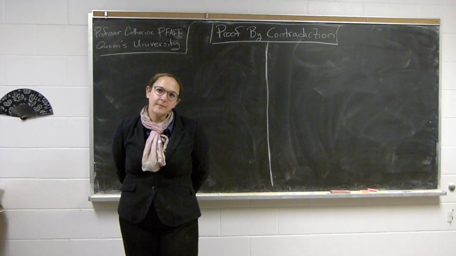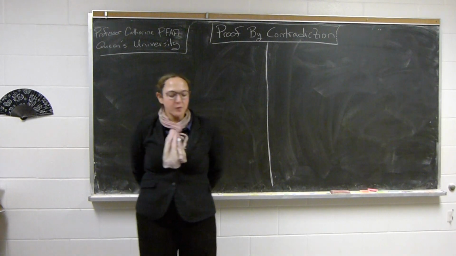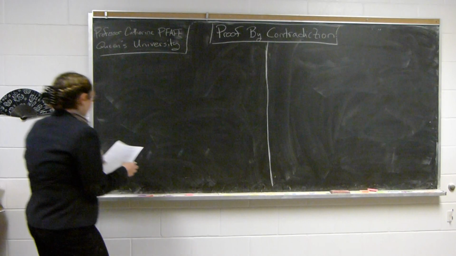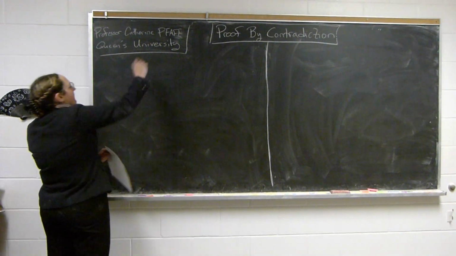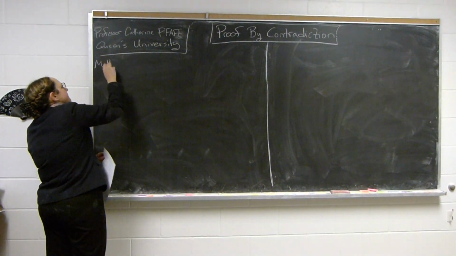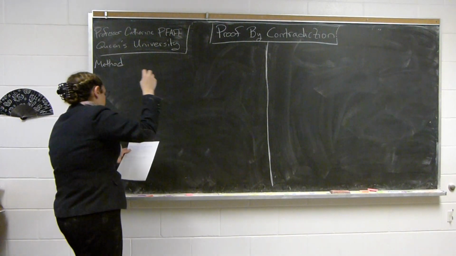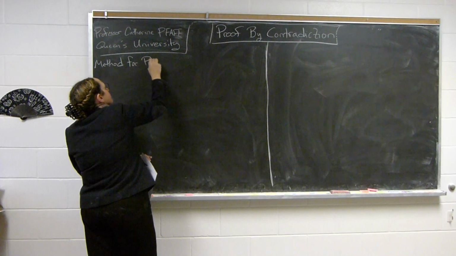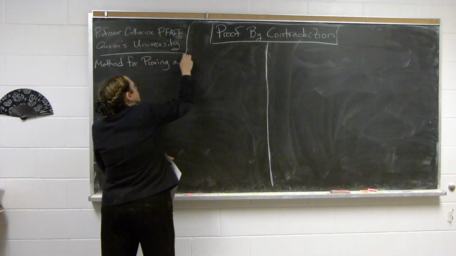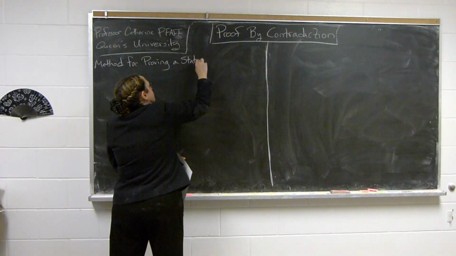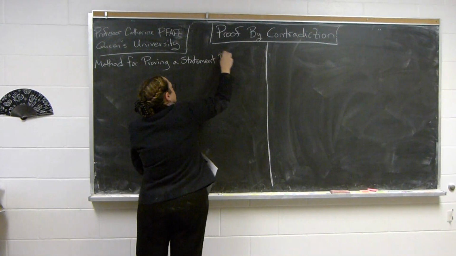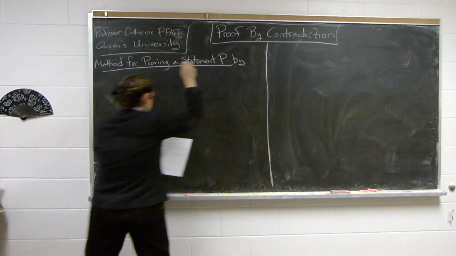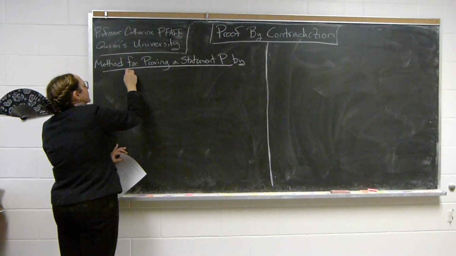And I want to talk a little bit about one of the main methods of proof that we use, which is proof by contradiction. So here's the method, broken down for proving a statement P by proof by contradiction.